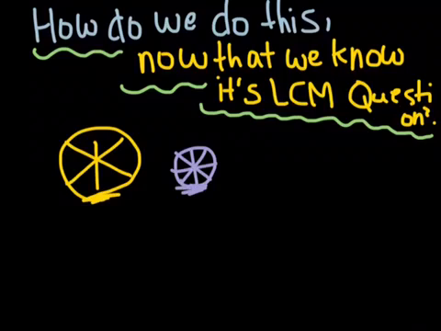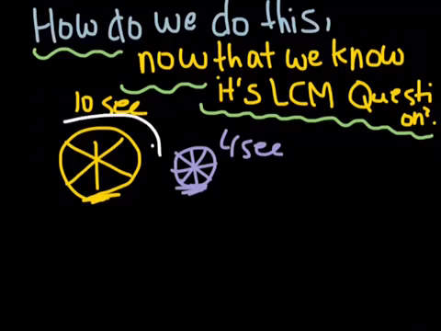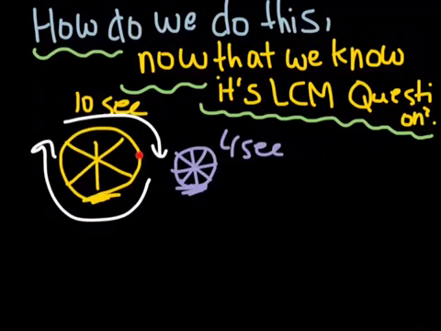This takes 10 seconds. That takes 4 seconds. So what we need to do is that these rotate again and again and again. And so does this. This goes on and on too.